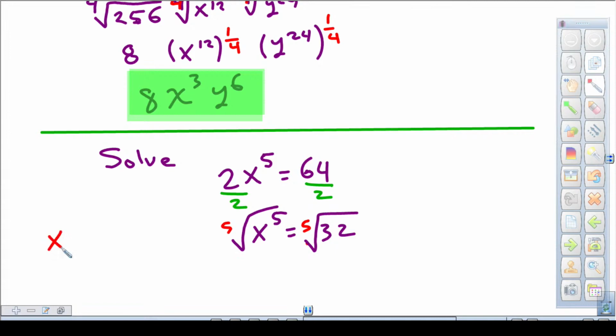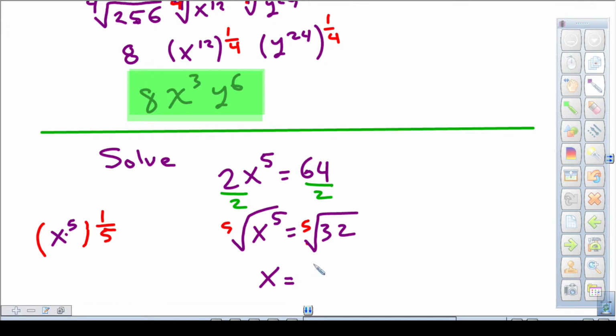Because x to the fifth, raised to the 1/5 power, and 5 times 1/5 is 1. That's why this whole thing is cancelled, leaving you only with x. Now you know why the square root cancels the square, and the cubic root cancels the cube, and the fourth root cancels the fourth power.